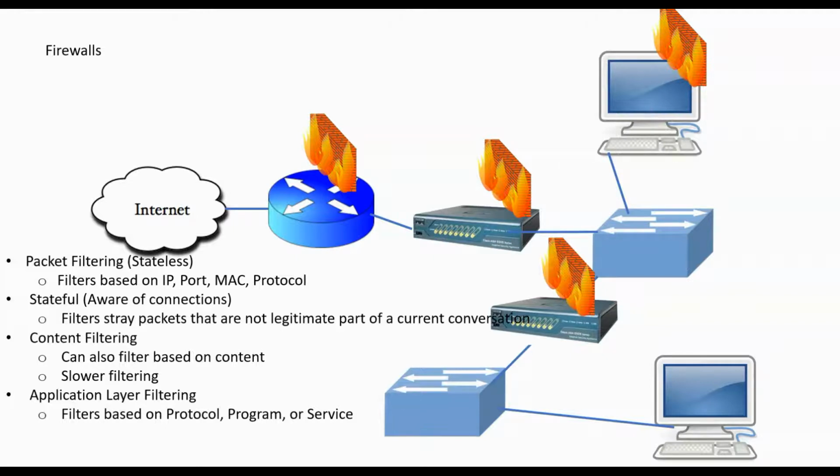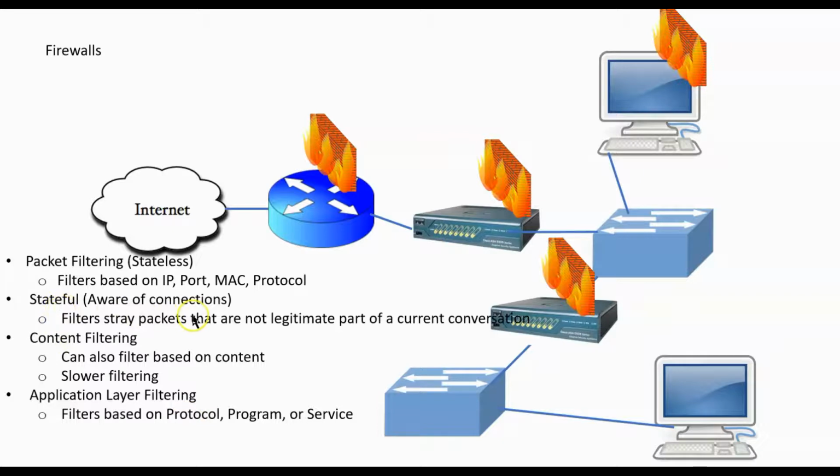You can say only from this IP address to this IP address. So I can block, say, my production employees from reaching the HR computers because I put on the firewall on the router that the production computers are not allowed to access the payroll or HR computer.